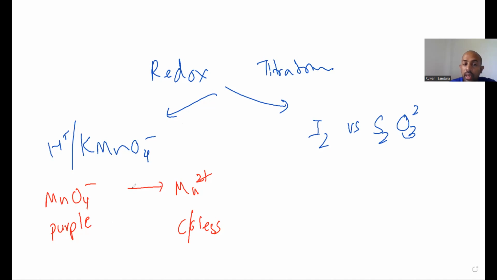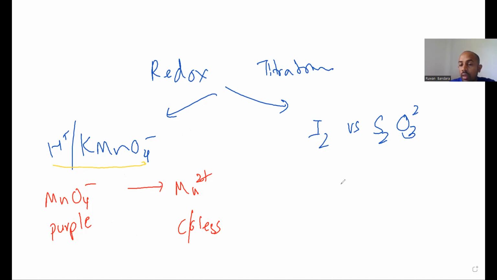So the color change during this redox titration is provided by the KMnO4 itself. Therefore this titration has its own indicator, so it is known as self-indicator.